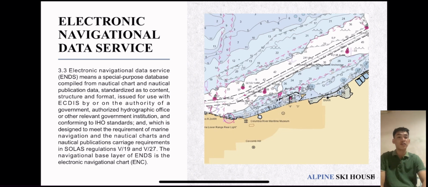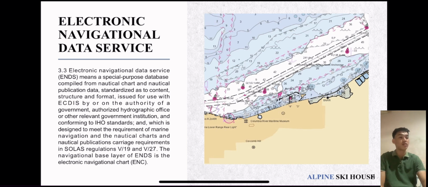Electronic Navigational Data Service or ENS means a special purpose database compiled from nautical chart and nautical publication data, standardized as to content, structure, and format, issued for use with ECDIS by or on the authority of a government, authorized hydrographic office or other relevant government institution, and conforming to IHO standards, and which is designed to meet the requirements of marine navigation and the nautical charts and nautical publications carriage requirements in SOLAS Regulation 5, Chapter 19 and Regulation 5, Chapter 27. The navigational base layer of ENS is the Electronic Navigational Chart.